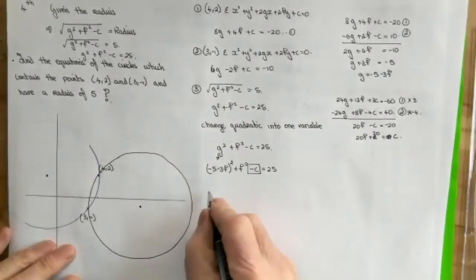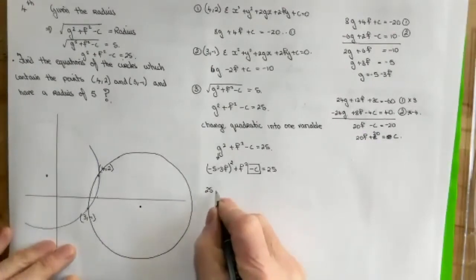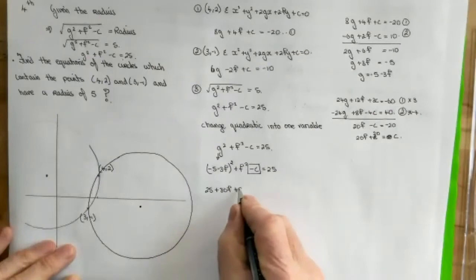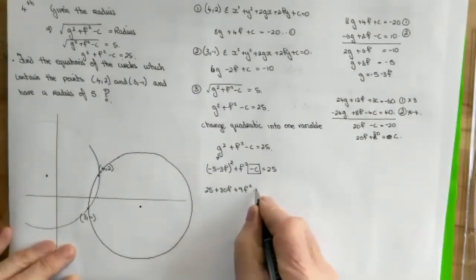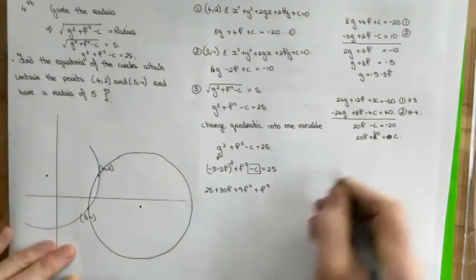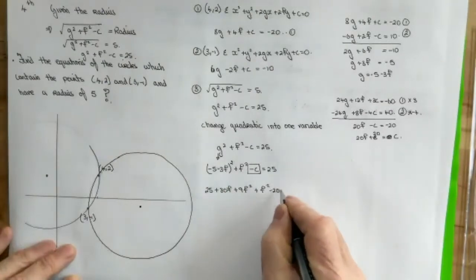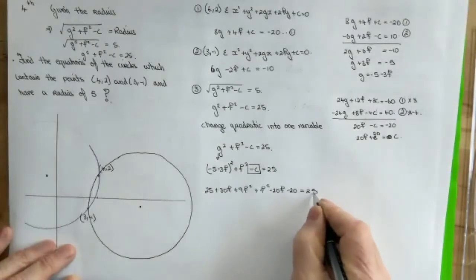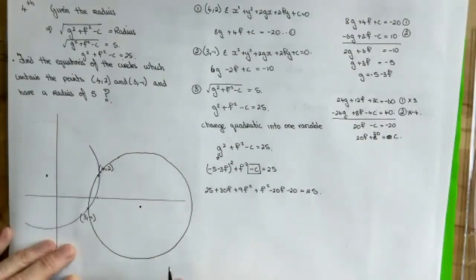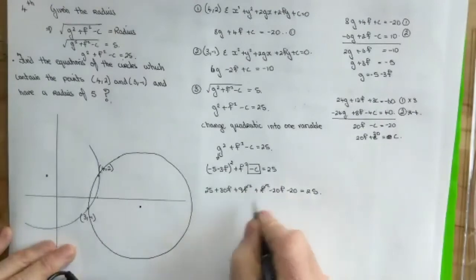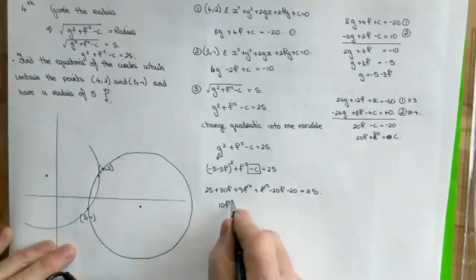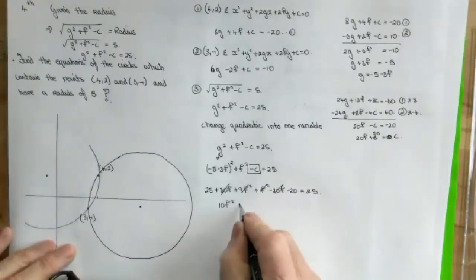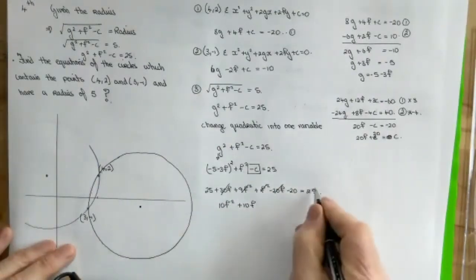So now squaring this, I'll have 25 plus 30f plus 9f squared plus f squared minus c, minus 20f minus 20, is equal to 25. There's my quadratic, 10f squared. 30f minus 20f is plus 10f. The 25s cancel.